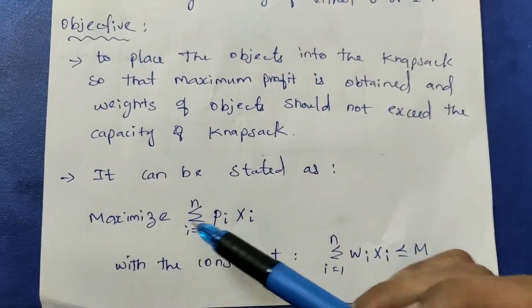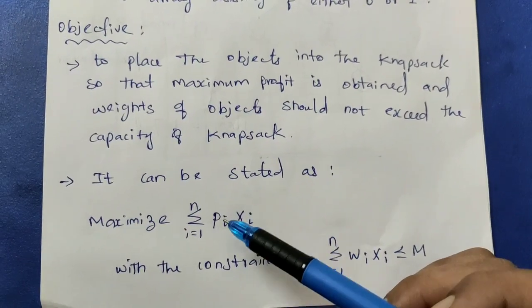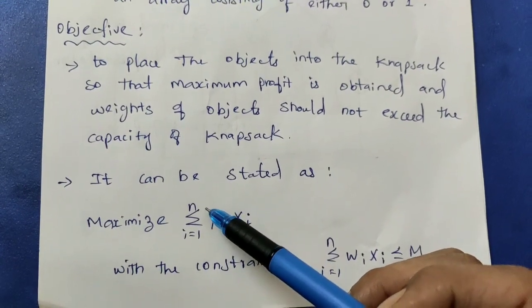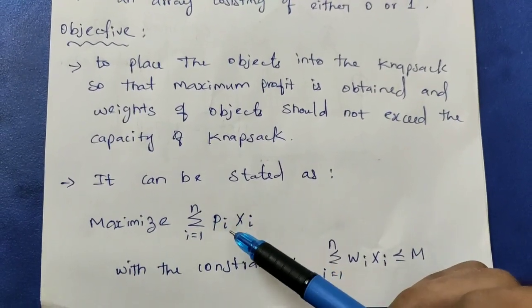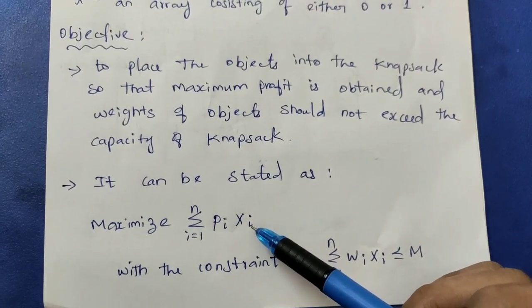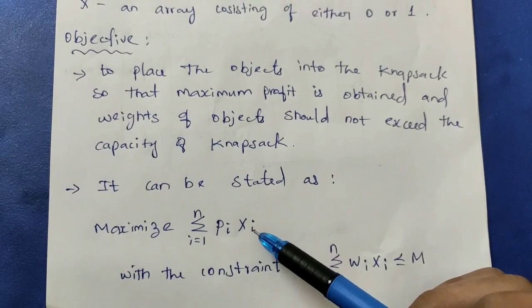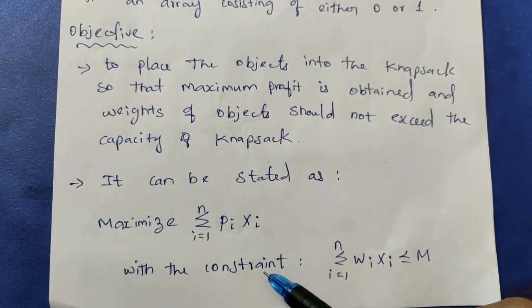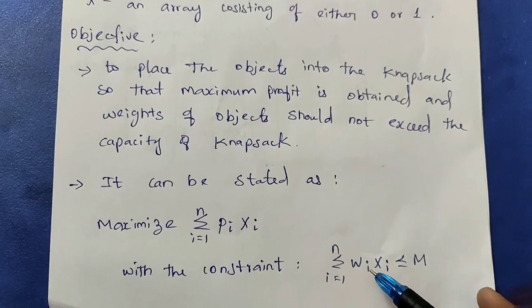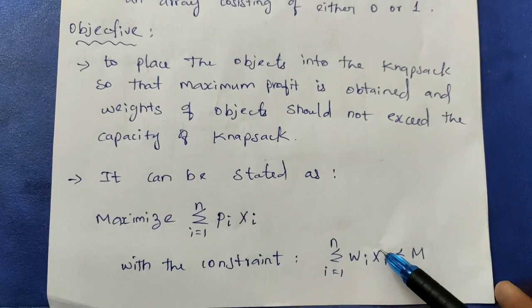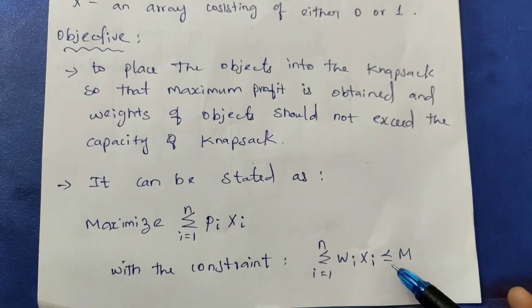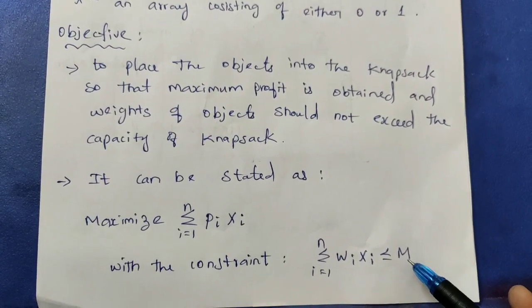So maximize the profit of the knapsack by including the items into the knapsack, that is summation i equal to 1 to n profit of the item multiplied with the fraction of the item xi, with the constraint summation i equal to 1 to n wi, that is weight of the item multiplied with fraction of the item. This product should be less than or equal to the given knapsack capacity.